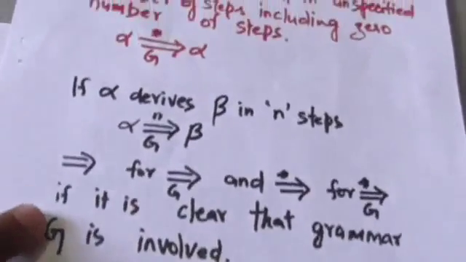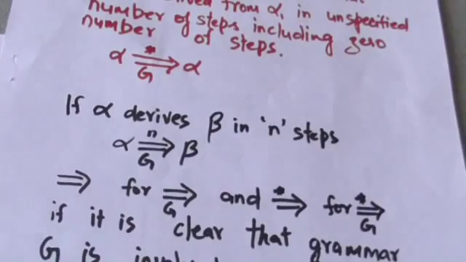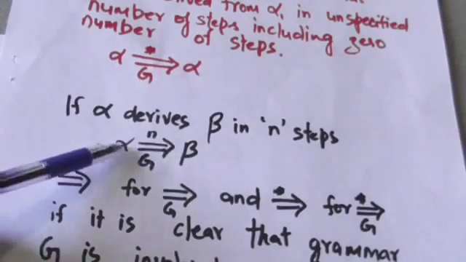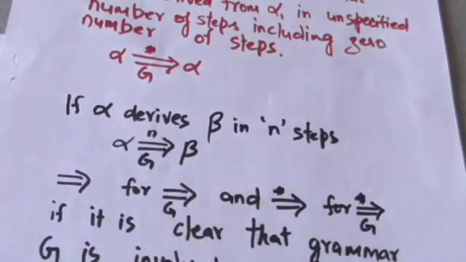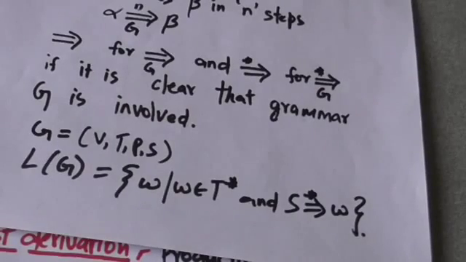Now see, if alpha derives beta in exactly n number of steps, then we can specify it as like this, right? Let G be a context-free grammar.